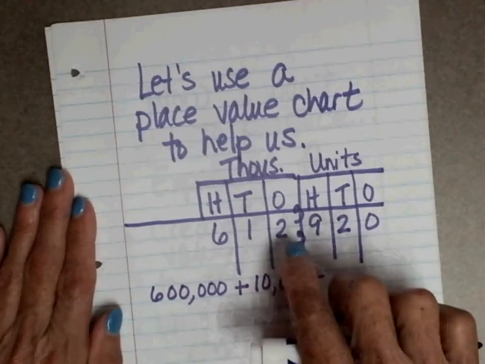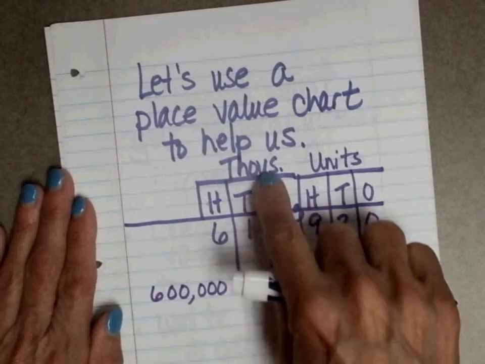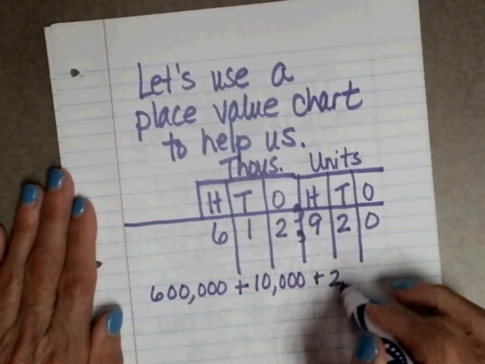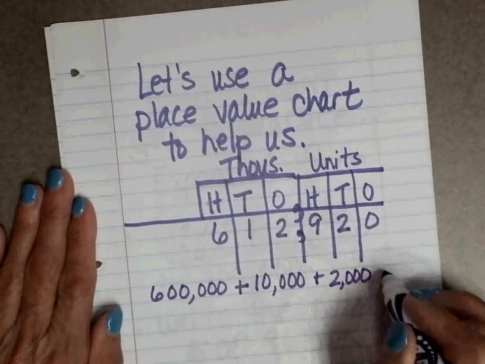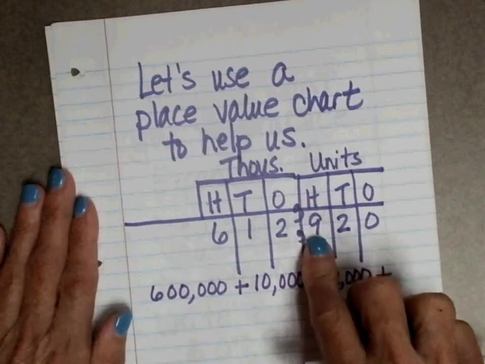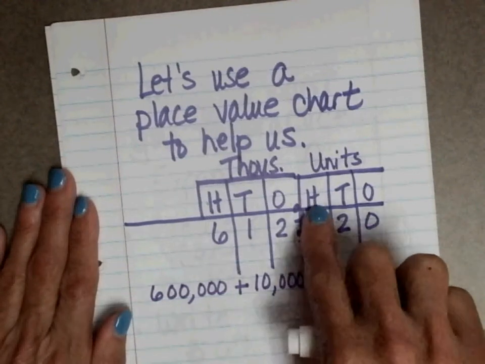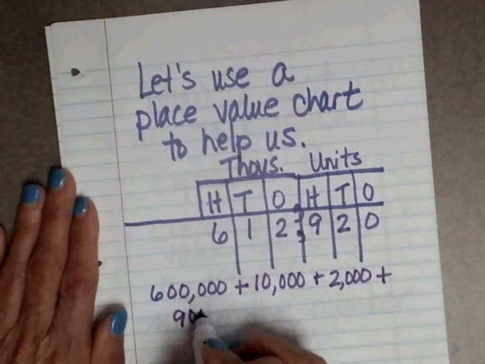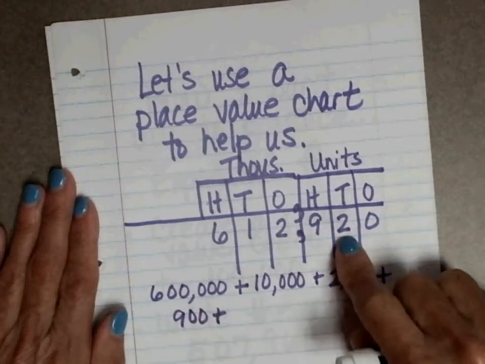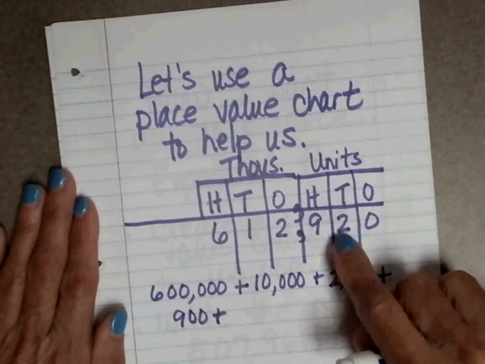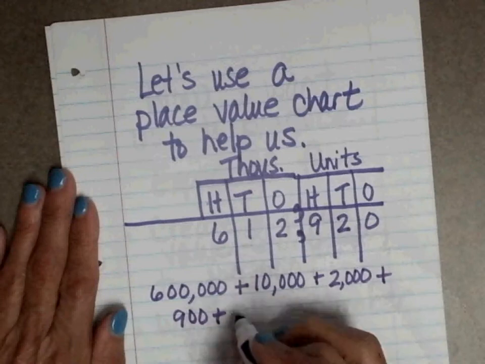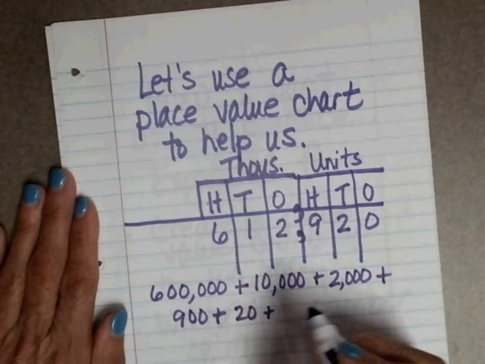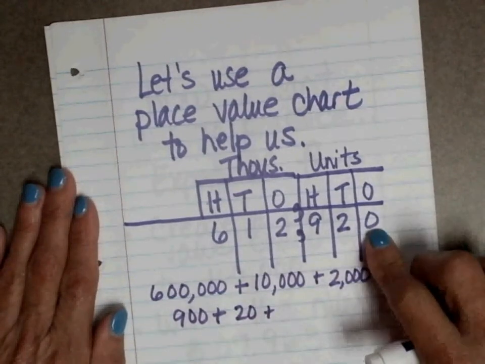The value of the 2 is 2,000 plus the value of the digit 9 is 900 plus the digit 2 has a value of 2 tens. 2 tens is 20. The value of the ones place is 0, so guess what?